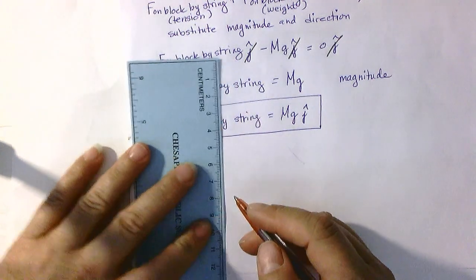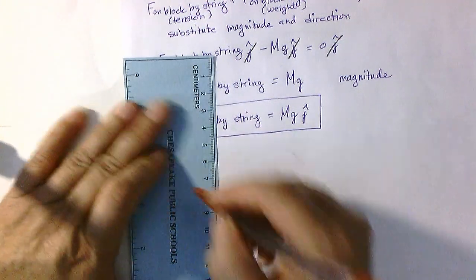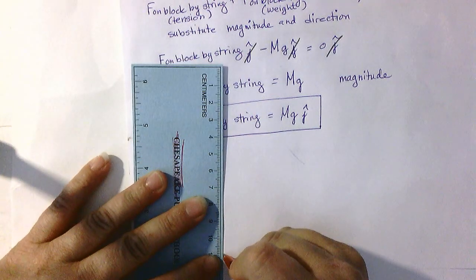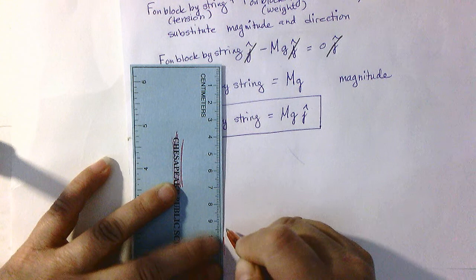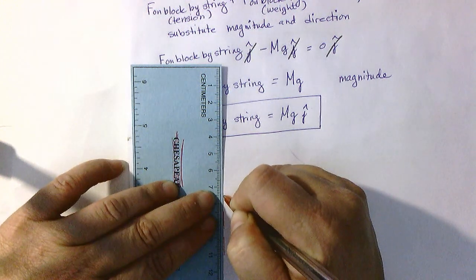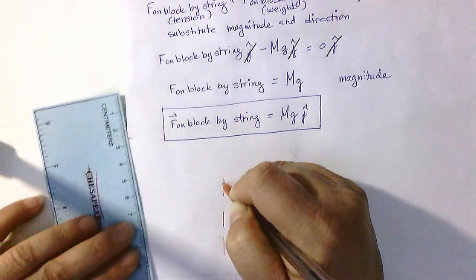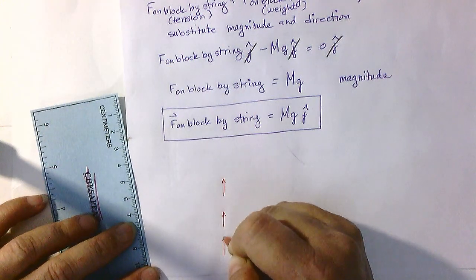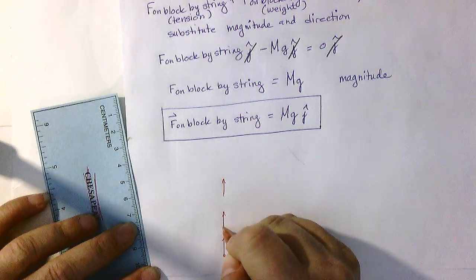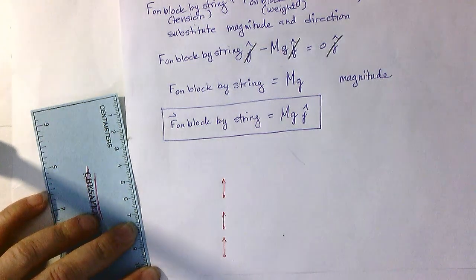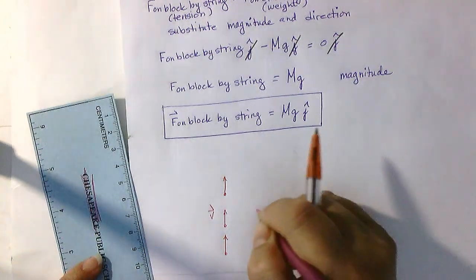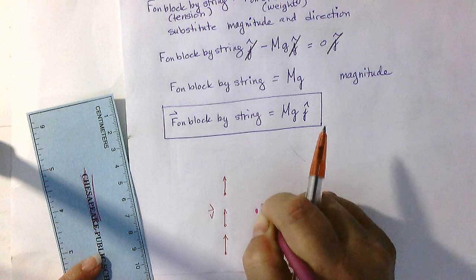So now when we move upward, I'm going to have it go like that. Okay, there's my velocity. Here's my acceleration.